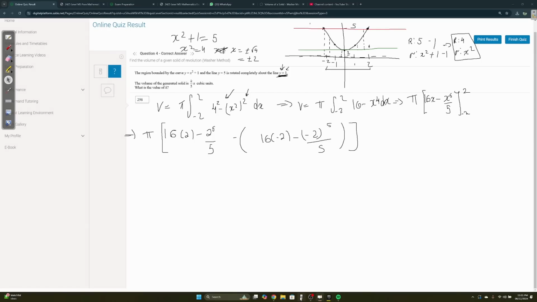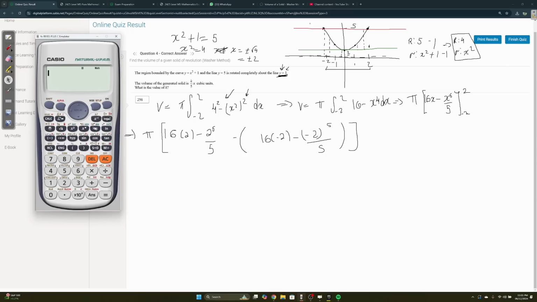Do it on your calculator. I'll cut to the part where I have it done on my calculator. Over here we got 256 over 5 pi, of course. Please don't forget the pi. It's still there. So k is equal to 256.